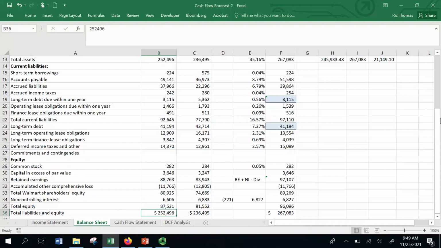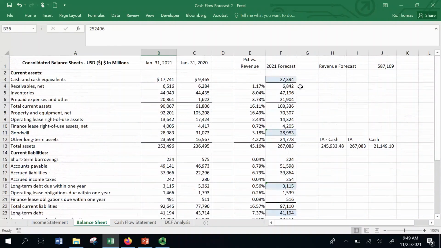Assets must equal liabilities plus equity. So in order to enforce that on my forecast, I'm going to forecast that last. That's going to be the last thing that I put the plug in for. Okay, so just assume that number doesn't exist right away when you're doing this. And so you do inventories, you do prepaid expenses, all constant to revenue using this percentage.